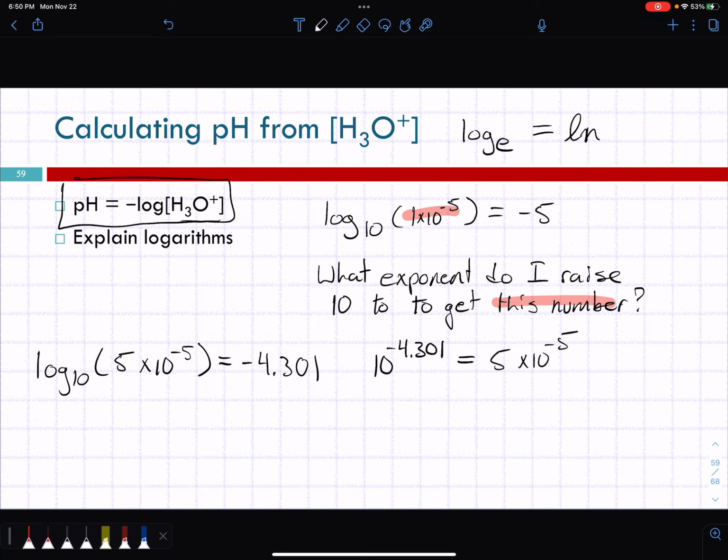So if you had a pH, let's say we have a pH of 6.3, right, that's our pH, and we want to know what the concentration is in molarity, then we would do 10 raised to the negative 6.3. And that will give us, so our concentration would be, oh, nope, I did the wrong base. What the heck? 10 raised to the negative 6.3.